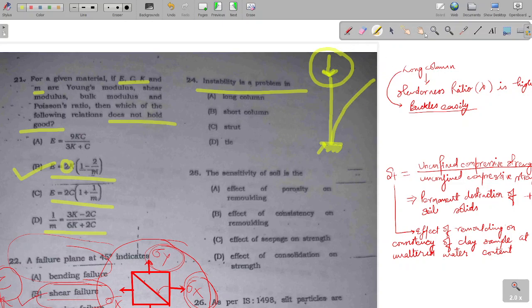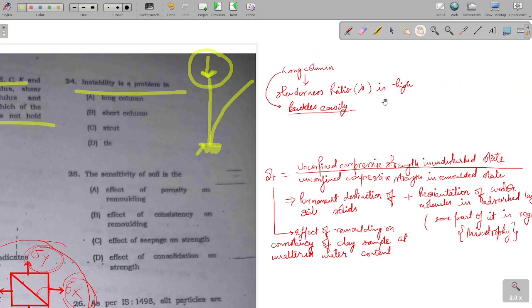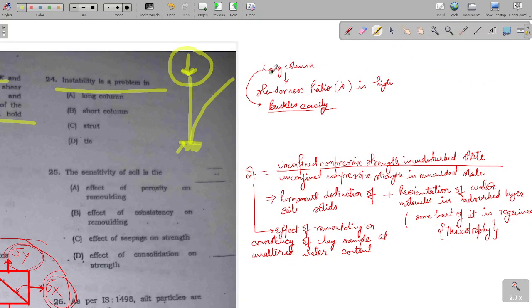So let's see what instability is. If there is a long column and its slenderness ratio is very high, slenderness ratio is effective length upon radius of gyration. Radius of gyration: suppose there is a ring.